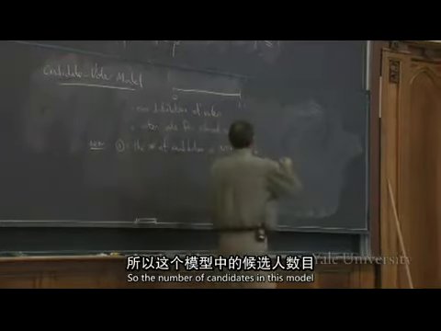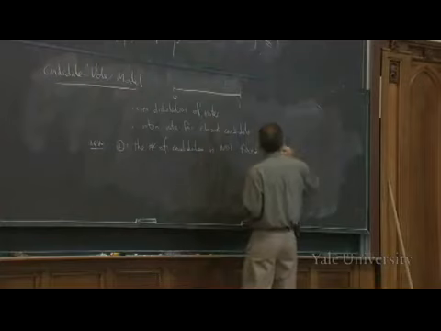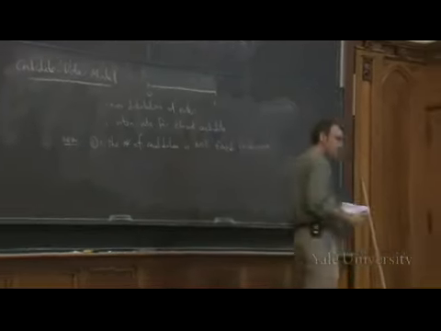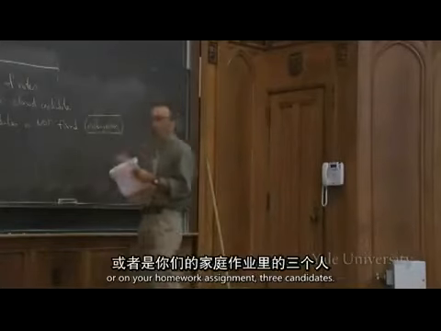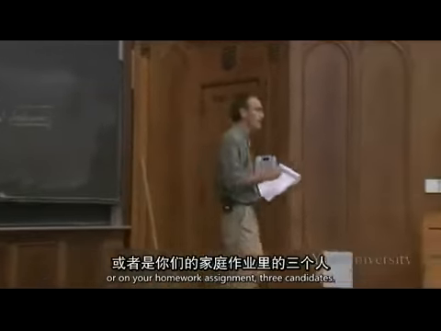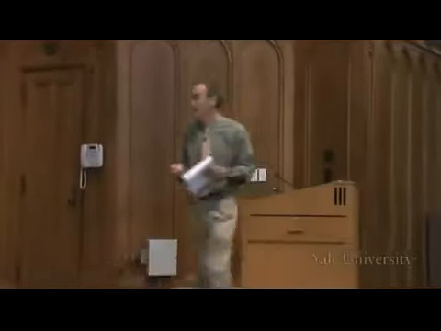So the number of candidates in this model is going to be endogenous. Previously, we looked at models where there were 2 candidates, or on your homework assignment, 3 candidates. Now we're going to allow the number of candidates to adjust itself.